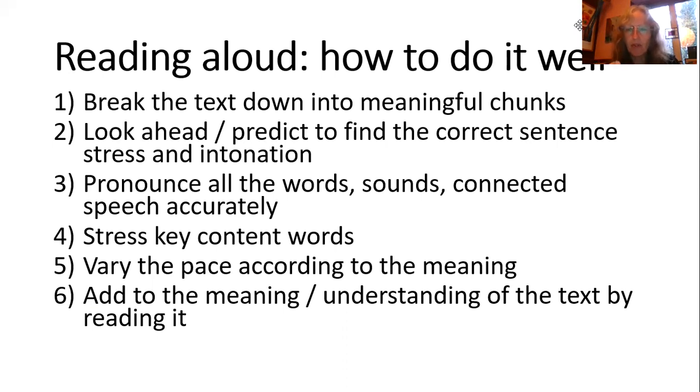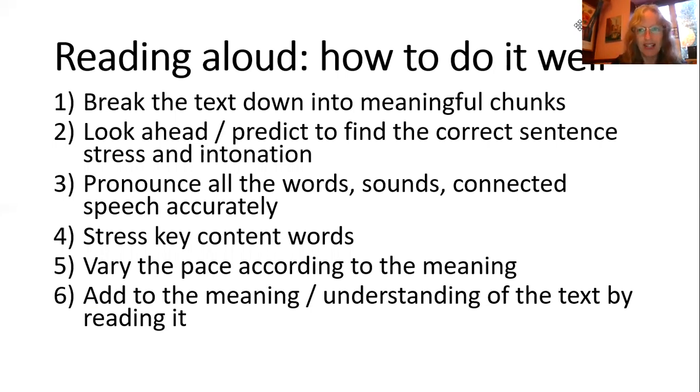Number 4, the stress: we stress the key words, the content words, the verbs, the nouns, the adjectives, and not the little grammar connective words. Number 5, we have to have some sort of variety of pace. If you read the same amount of language all the time at the same speed, everyone will go to sleep. And number 6, we need to add to the meaning and to the people's understanding by reading it, not take away from the meaning.